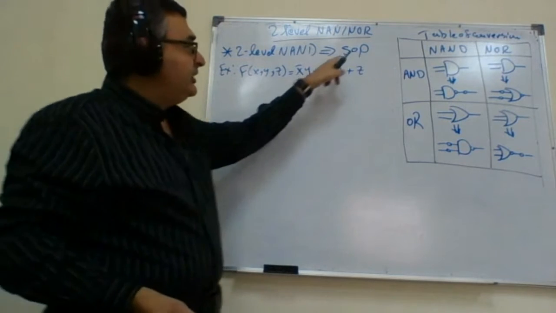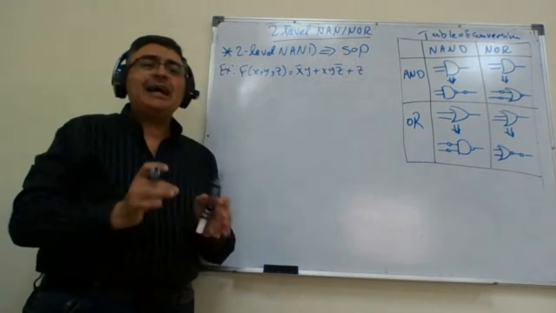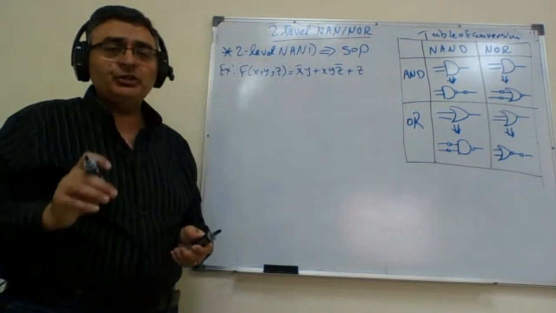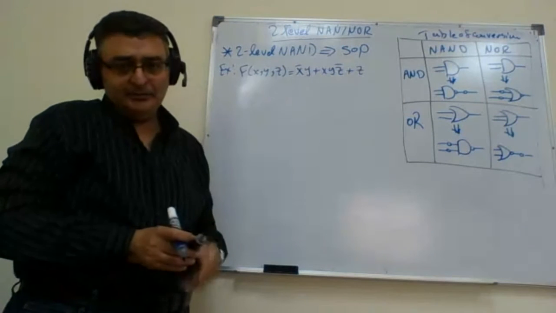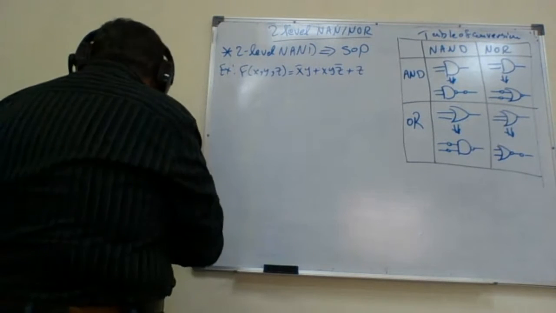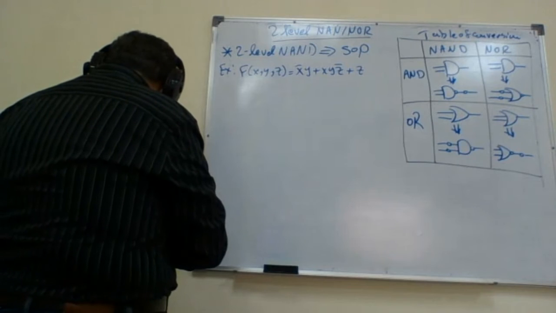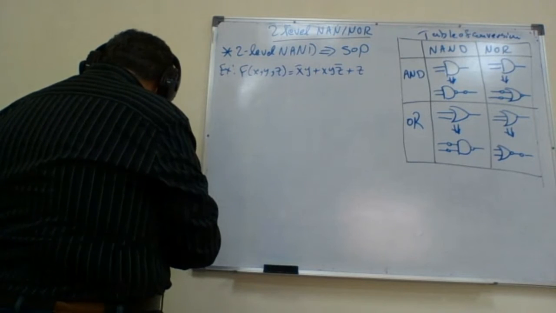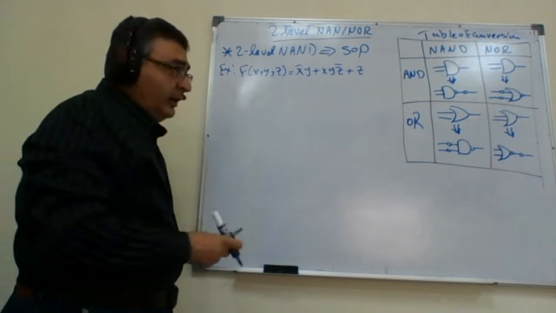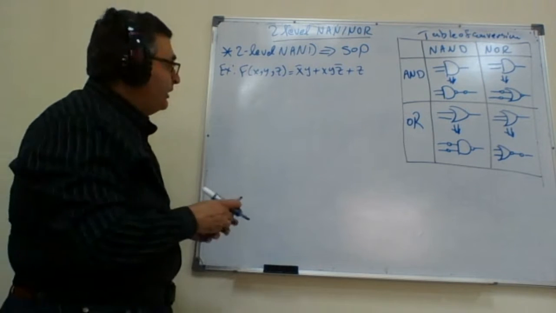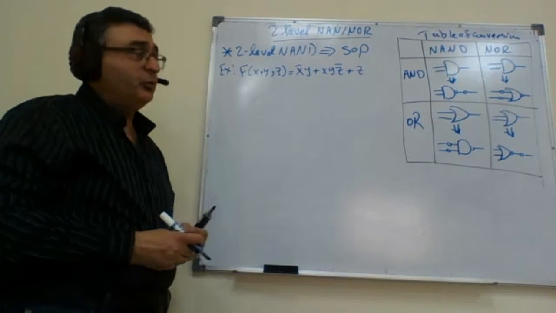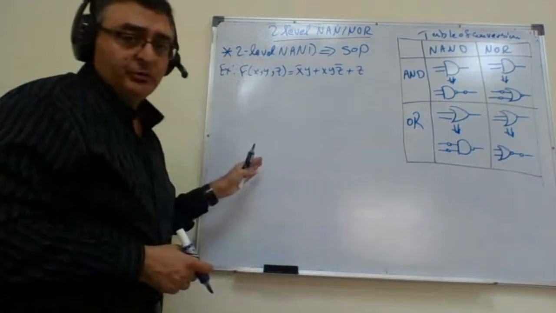If the function is in SOP, that means it is guaranteed automatically that you can implement the circuit using two-level NAND. Right. How can I achieve that? I can simply achieve that by doing the exact same technique that we have learned before. Through this table, I can do the achievement.